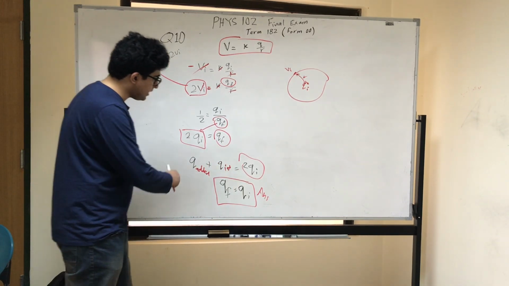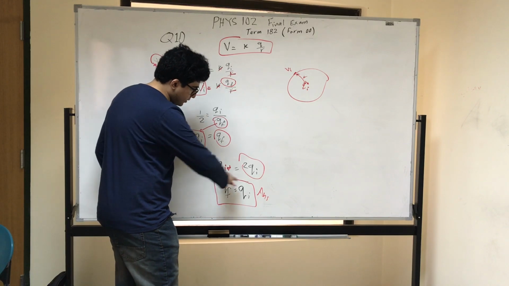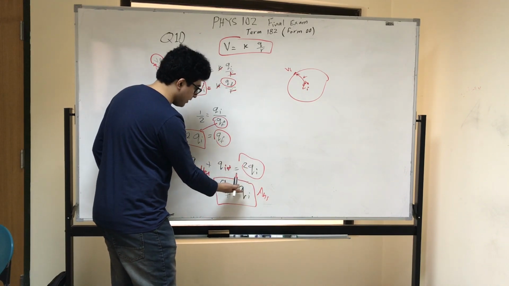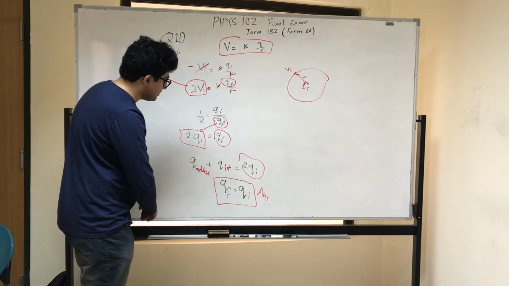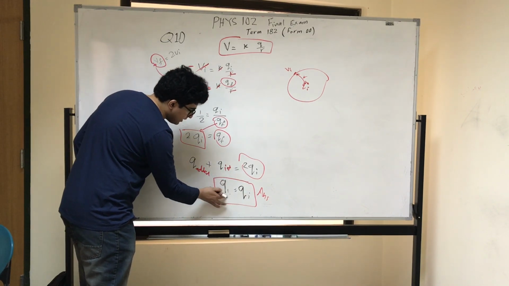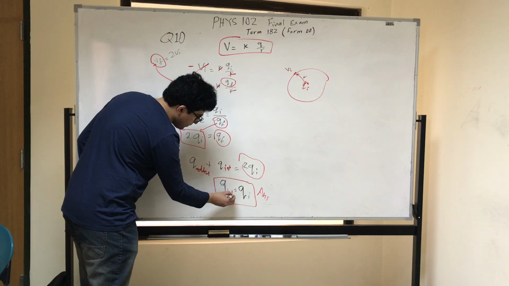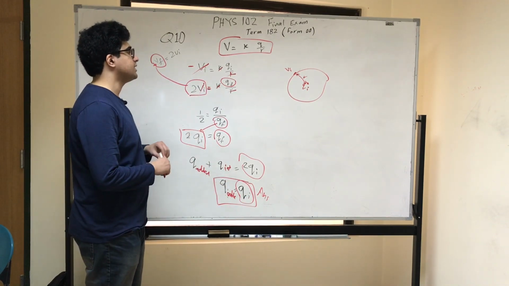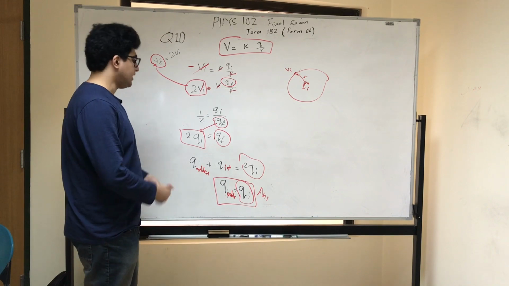Okay, so if you take this initial charge to the other side, you're going to have Qi, and here you're going to get the added charge, and that is going to be equal to the original charge that existed in the sphere. And that is your answer.